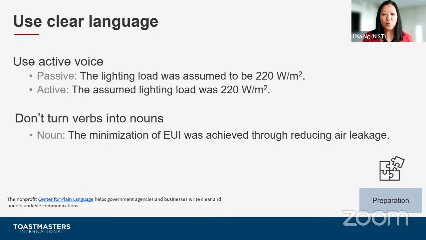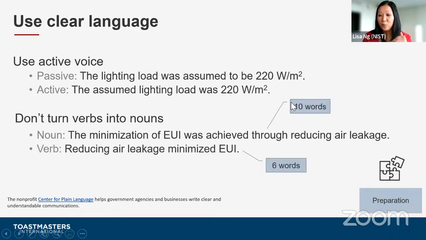And then Carrie wrote, we minimize the EUI through reducing air leakage. Excellent. You all are doing excellent. And then Santiago said, reducing air leakage, minimize the EUI. Also very good. And you see, we also reduce the number of words in the sentence. So instead of 10 words in that first one, we only use 6 words in the second one.